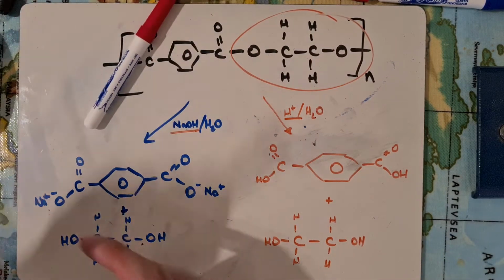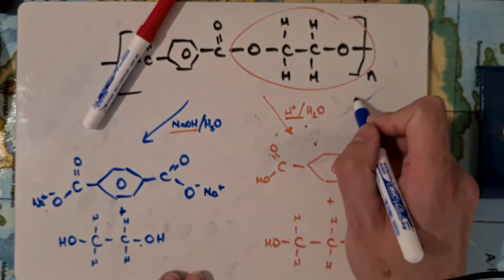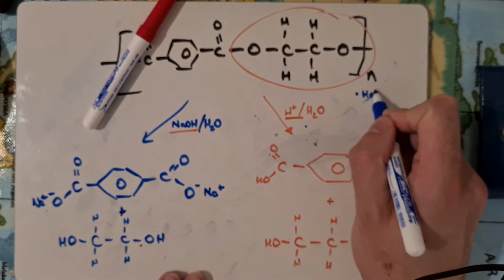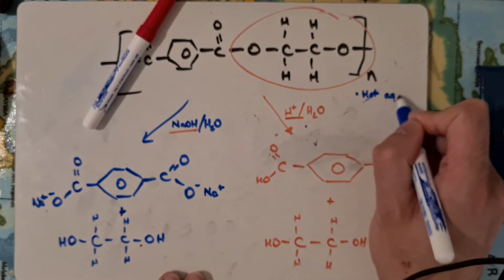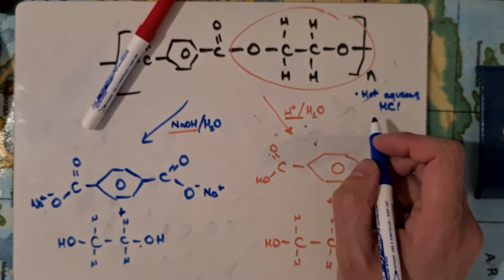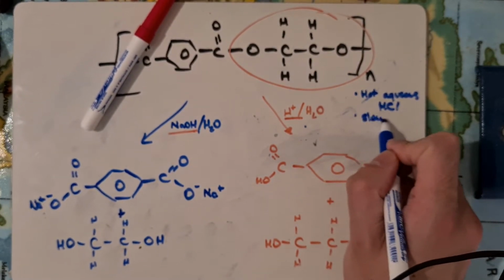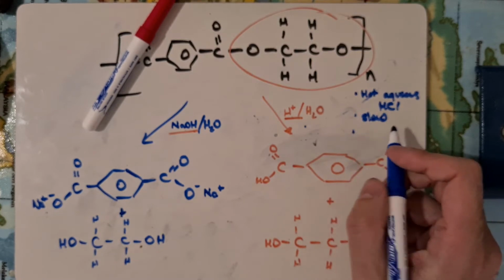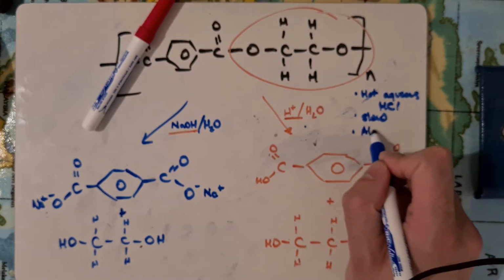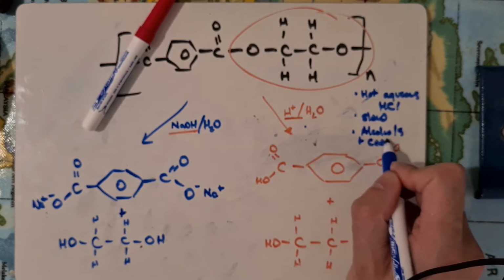So we'll go through some of the conditions here. It's hot, aqueous HCl. It's slow, and we get alcohols and carboxylic acids.